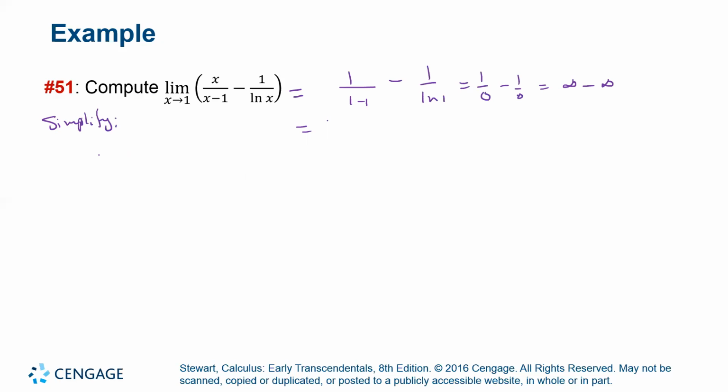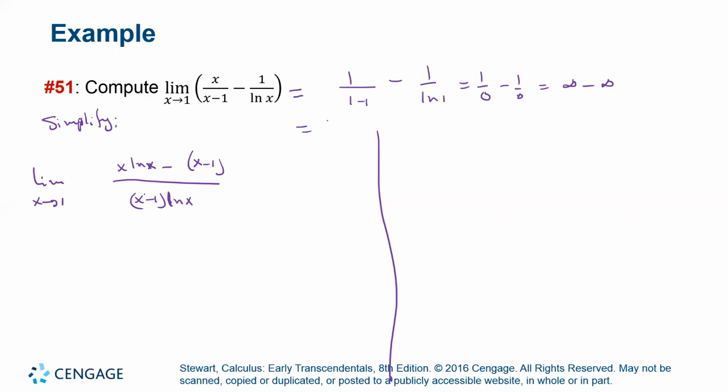You simplify that. So we have the limit as x goes toward 1. If I simplify, the denominator will be x minus 1 times natural log of x. And then the numerator here will be x times natural log of x minus 1 times x minus 1.